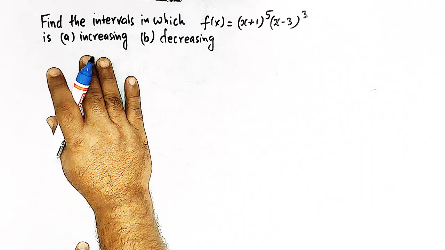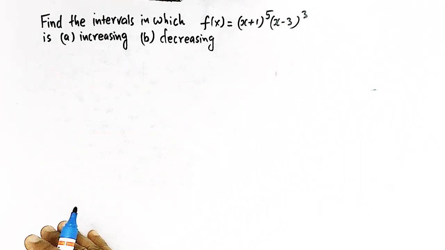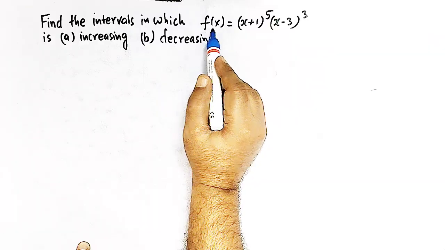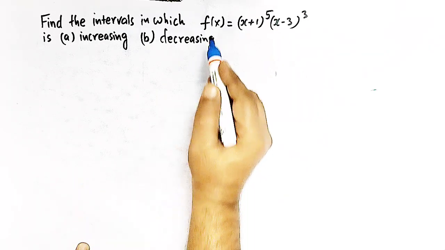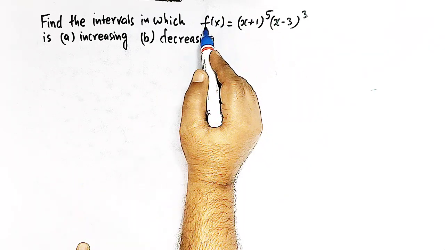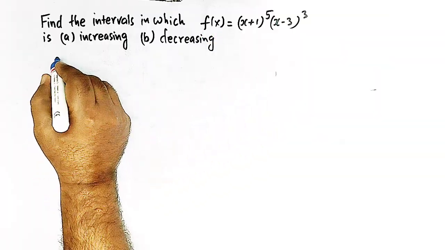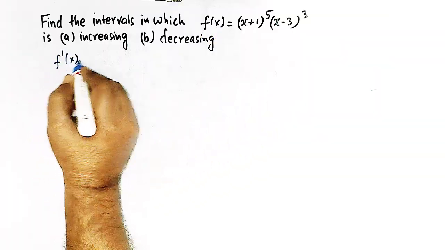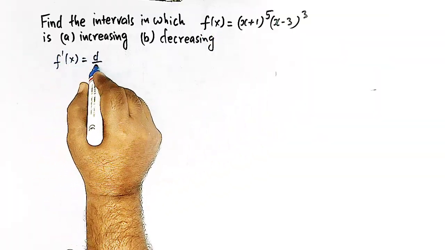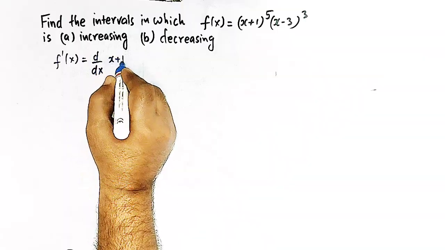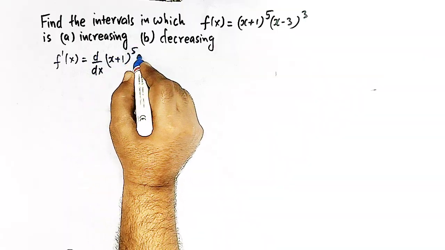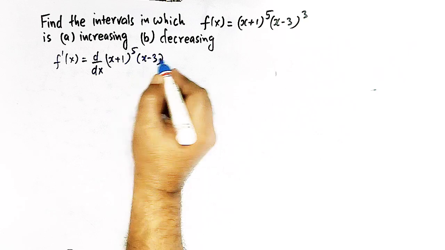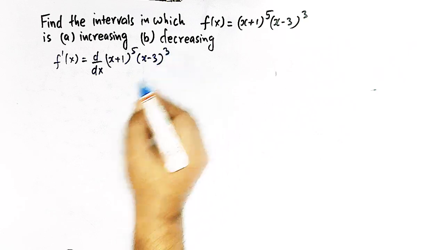Now to get the intervals, the first step is to differentiate this function with respect to x. So first we'll find the derivative of f of x. f prime of x is given by d/dx of (x + 1)^5 (x - 3)^3.